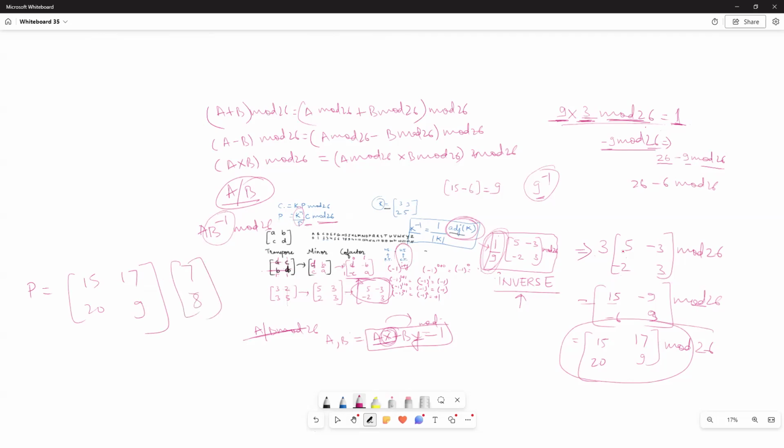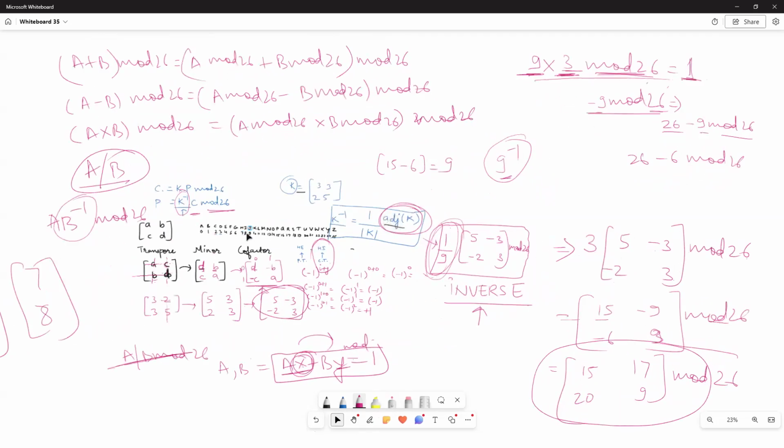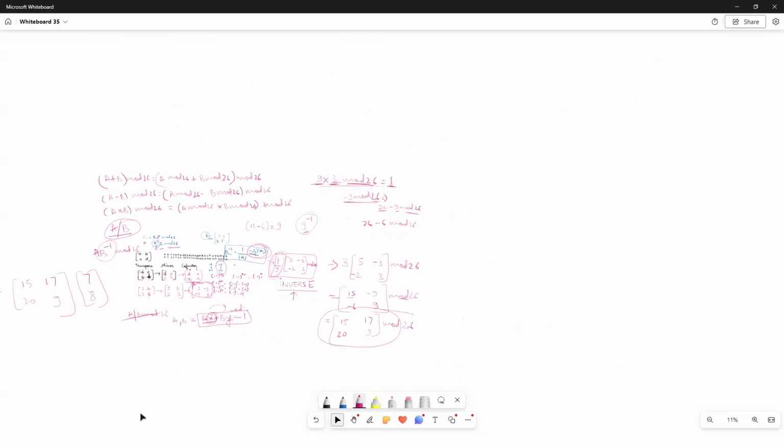H corresponds to 7 and I corresponds to 8, and you will multiply this together. So this would be 15 times 7 plus 17 times 8. This value would be 241, and 20 times 7 plus 9 times 8 would be 212, mod 26.